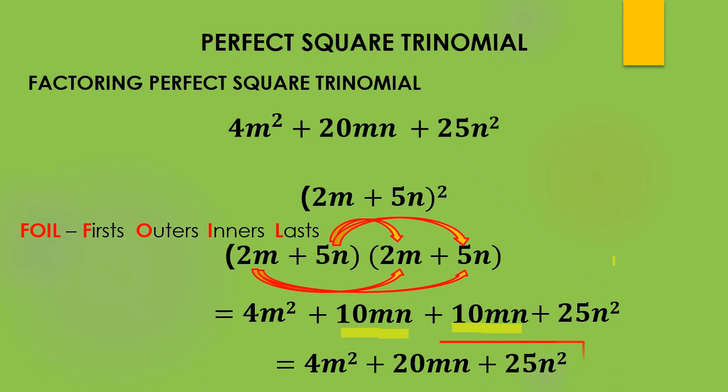So this is now the product. So we come up with the original expression, 4m squared plus 20mn plus 25n squared. So it means that the square of 2m plus 5n is the factor of 4m squared plus 20mn plus 25n squared.